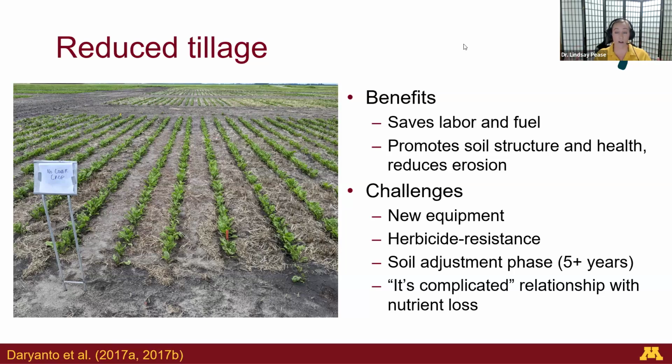If you improve soil structure through reduced tillage and consistent reduced tillage, then you can improve the ability of the soil to infiltrate water. And that's a good thing for reducing nitrogen loss to surface water. Now, if your concern is reducing nitrogen into the groundwater, I'm not 100% sure. I think it's complicated, and I don't know necessarily that that would be a good thing, because if you have more water carrying more nitrogen down into aquifers, you could end up in a scenario where you are increasing nitrates.